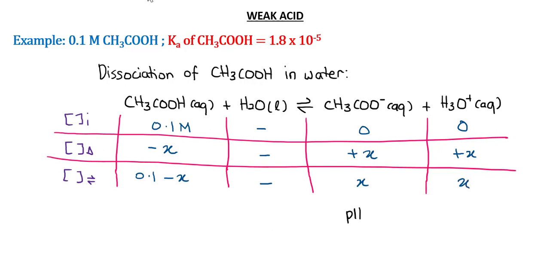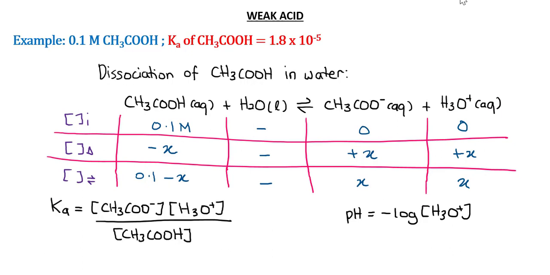Since pH is equal to negative log concentration of hydronium ion, we are going to need the value of X. To find the value of X, use the acid dissociation constant. The Ka expression for this reaction is concentration of acetate ion times concentration of hydronium ion divided by concentration of the acetic acid.